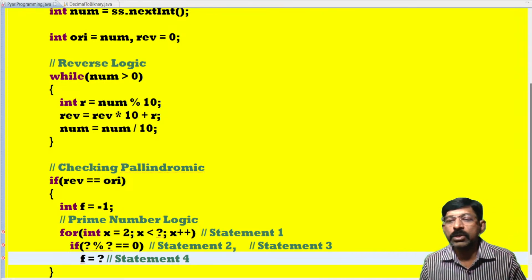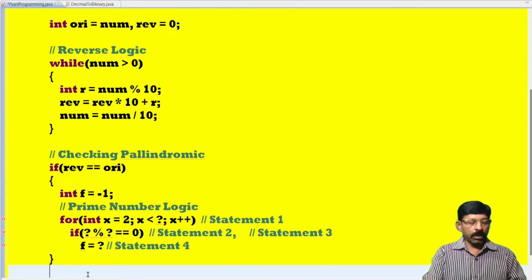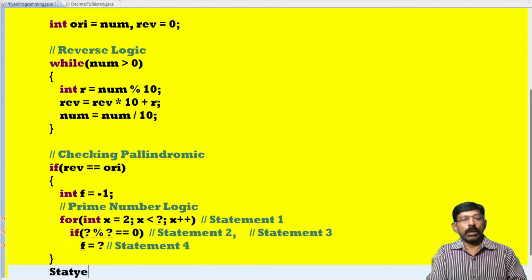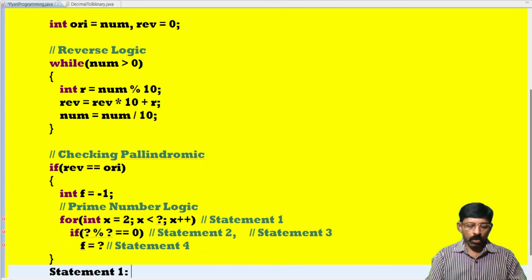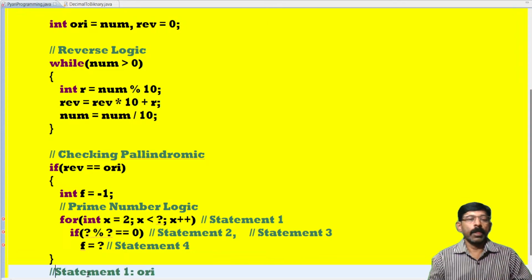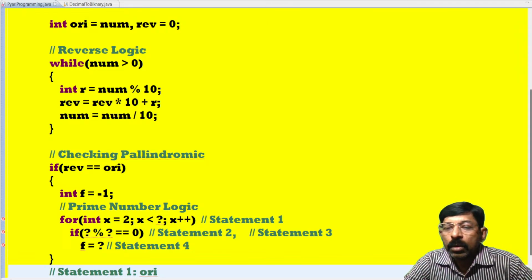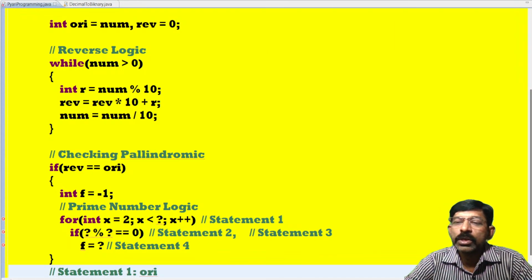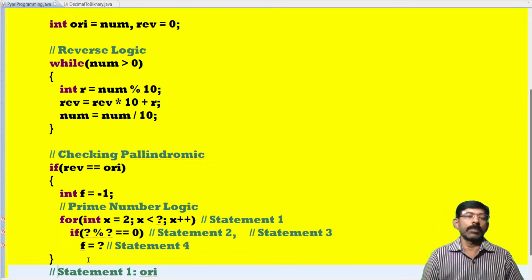But do it as fast as possible. Not like this, Subhasmita, statement 1. Your answer will be like this, statement 1. Statement 1 is your ORI. Subhasmita, the answer will be like this. Not 1 ORI, 2 ORI, not like this, Ruturaj. Because the question is asking about statement 1, statement 2, statement 3, your answer must be statement 1, statement 2, statement 3.